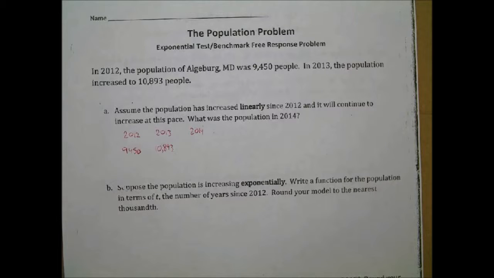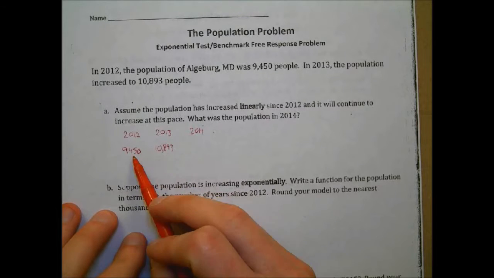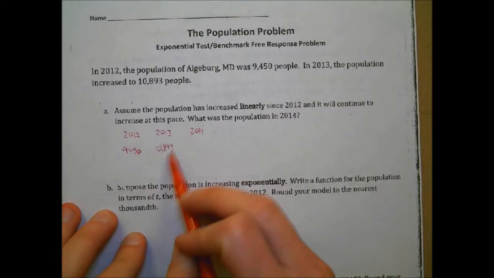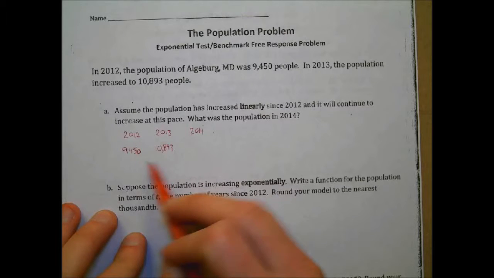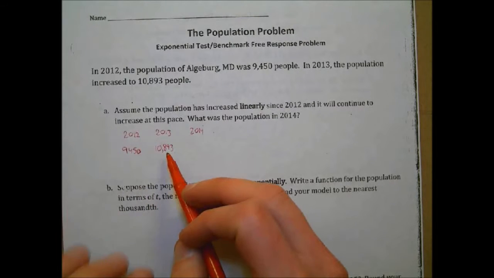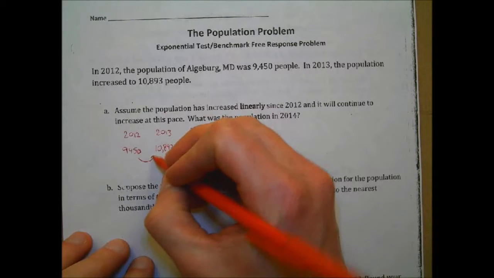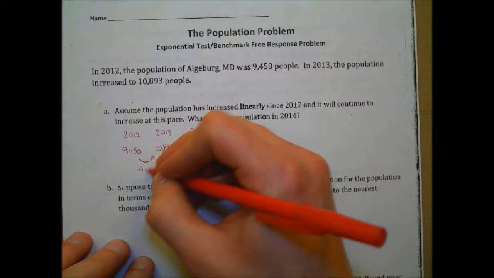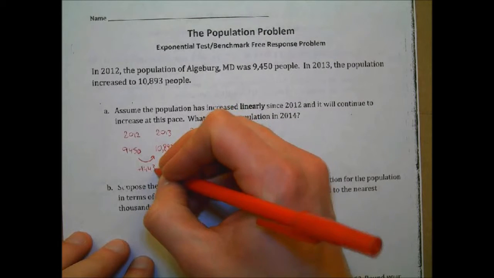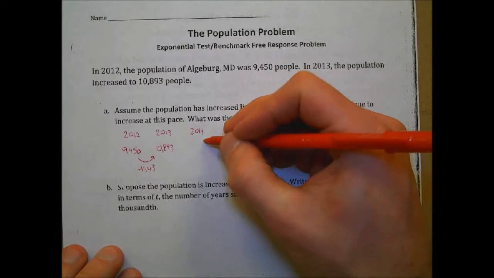It's a constant rate of change. So we have to figure out the change in the population from 2012 to 2013. How can we figure that out? Subtract: 10,893 minus 9,450. The difference is 1,443.